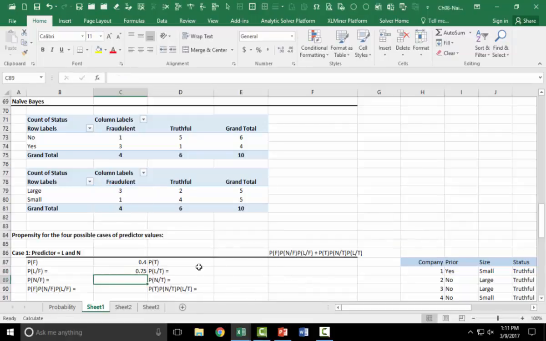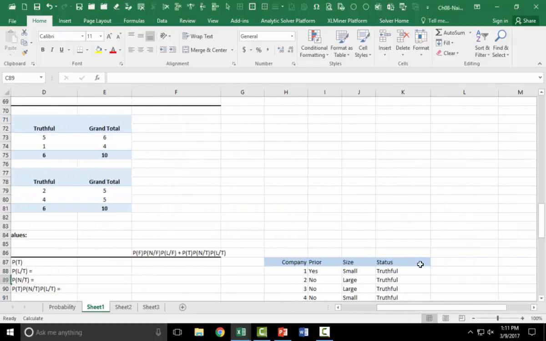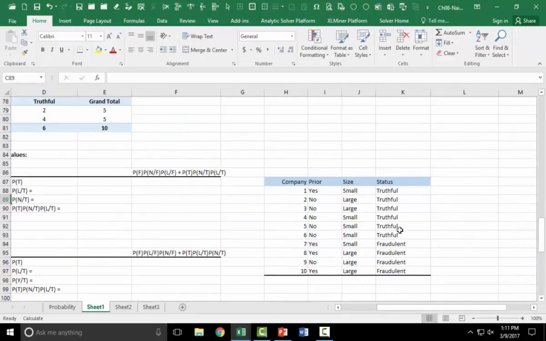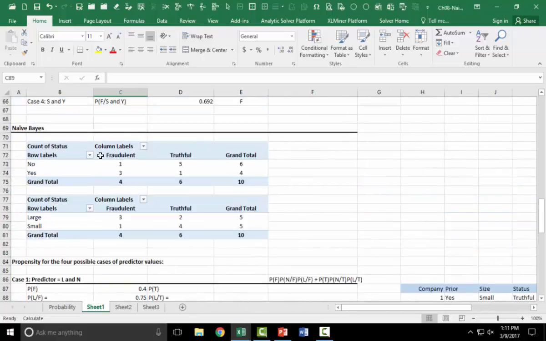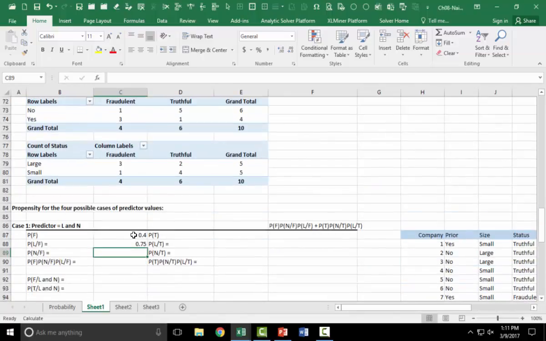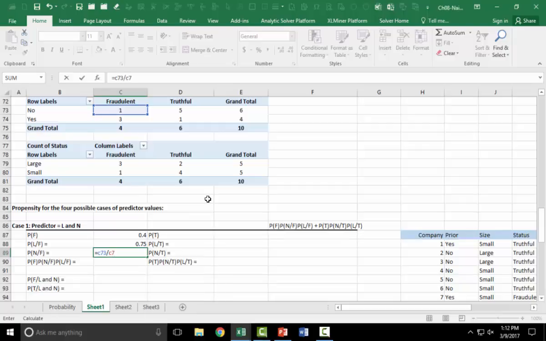Of course, in a small data set, we can browse through the complete data and figure that probability out. But when you have a large data set, you should prepare a pivot table like this and then use the values from there. Now N given F will be from here, so that will be C73 divided by C75.